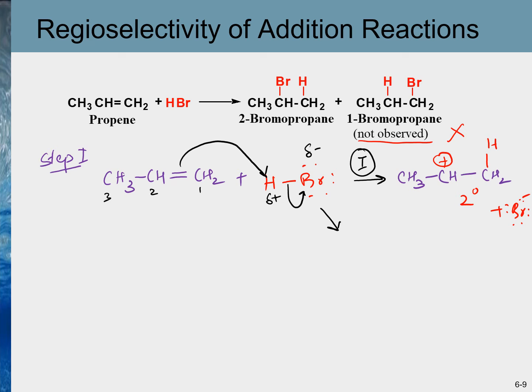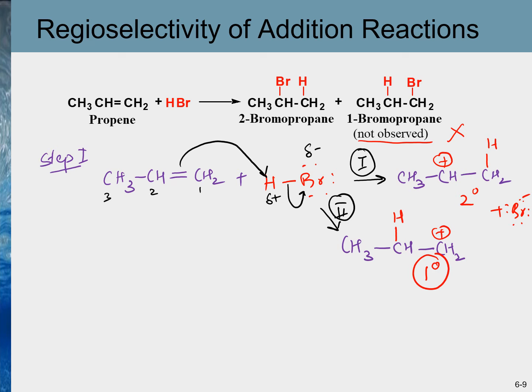Now, possibility number 2 is when the hydrogen goes to carbon number 2. So let's look at what kind of carbocation we get in this case. Right, as we can see in possibility number 2, the carbocation formed is primary, and from the order of stability of carbocations, we know that primary carbocations are not stable.